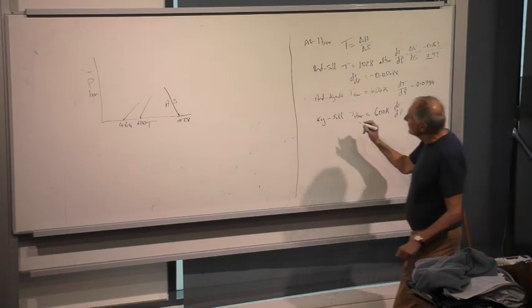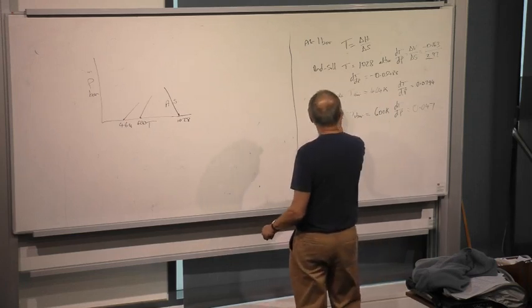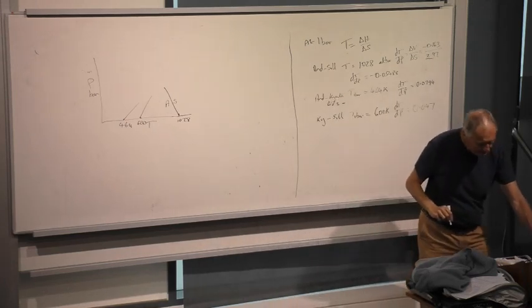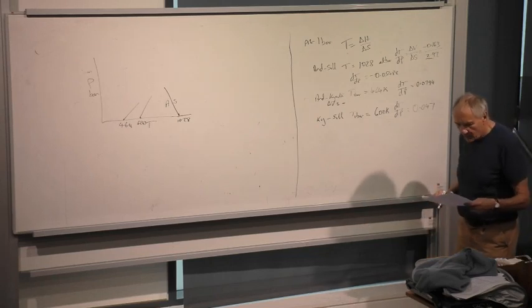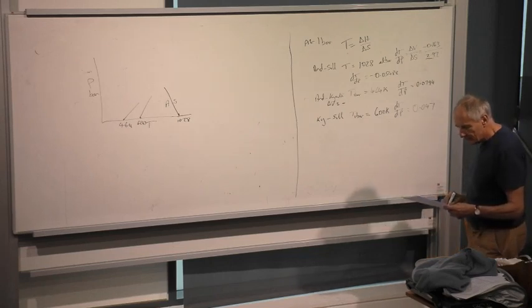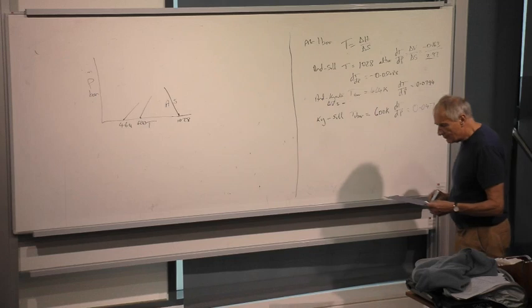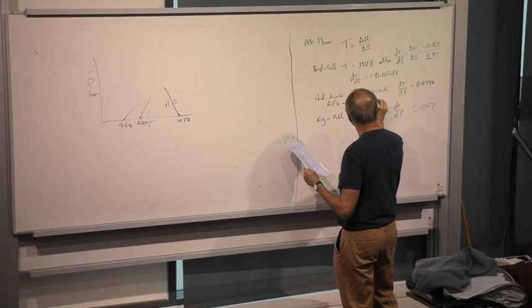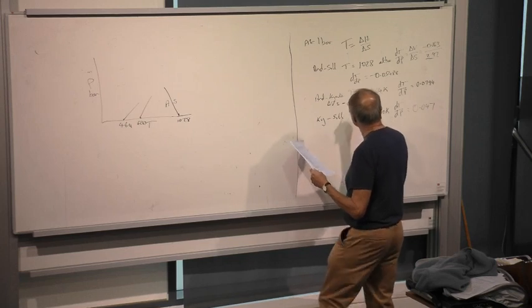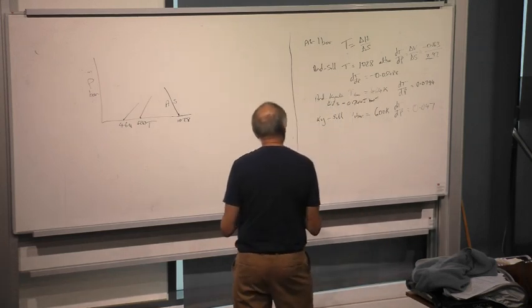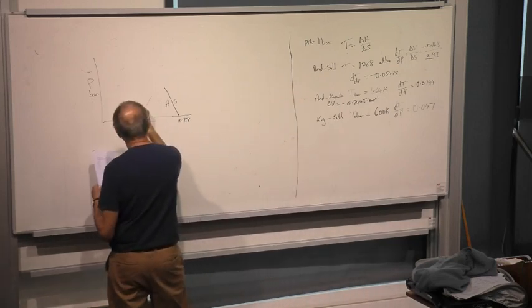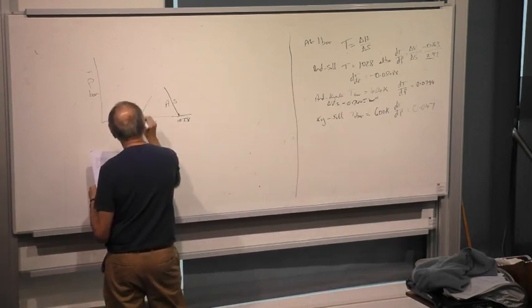Okay, so delta V for that one is minus 0.744 joules per bar. So kyanite, which is the product, is a lower volume, so kyanite is here and andalusite is there.